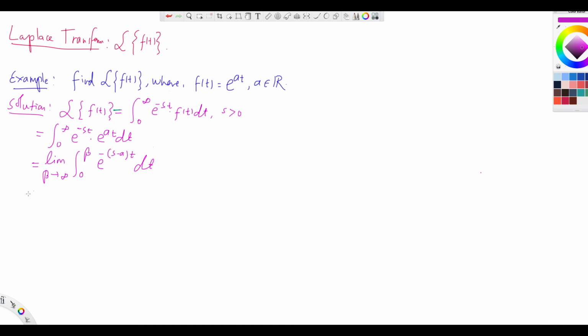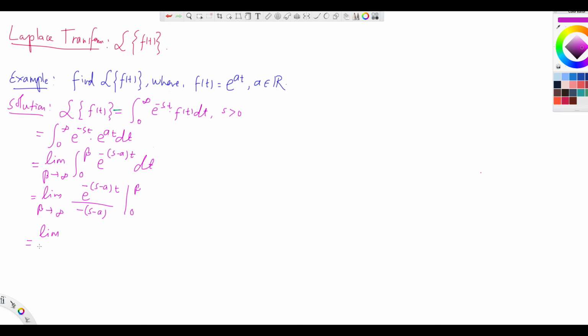So what is the integral of that? You can write the limit as beta tends to infinity of the integral of e to the some number times t, which will be e to the negative (s minus a) times t over negative (s minus a). You see that? And what are the limits? 0 to beta, where beta tends to infinity. Now plug in beta.